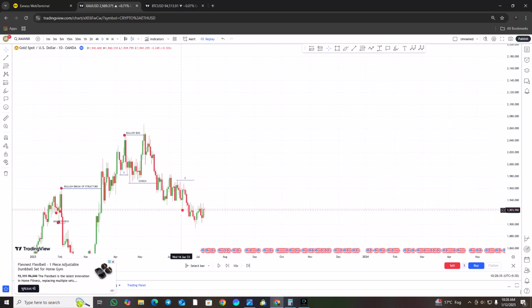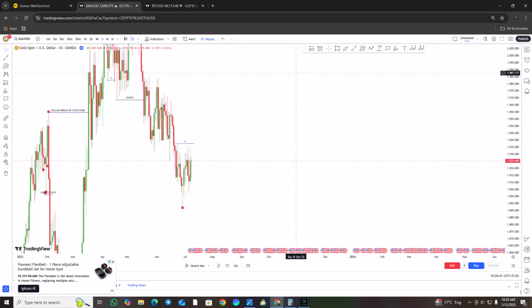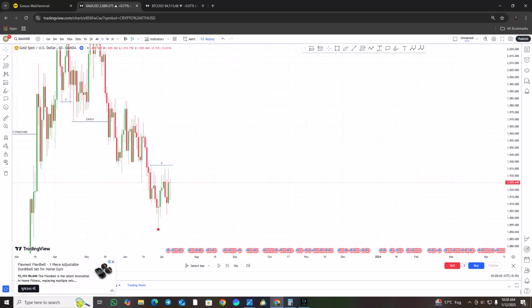Again market gave another low. Now this time X is going to be here because you can clearly see there is a 3 candle pattern over here, head, left, right.